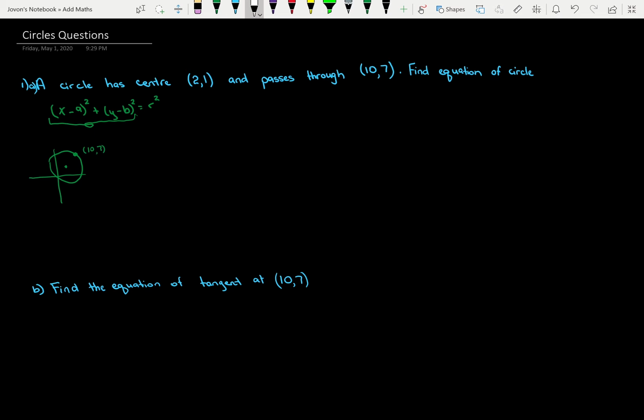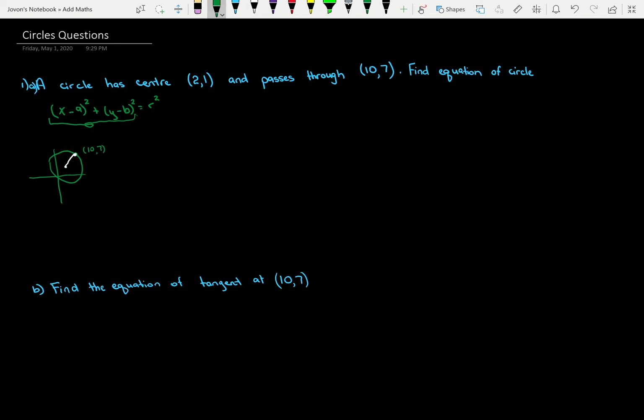If we look at this line here from the center to that coordinate, the distance from the center of a circle to any point on the circumference is what? It's the radius. So all we need to do is find the distance from the center to that point on the circumference, and that will give us the radius. If you remember, we learned an equation to find the length of a line, and that is essentially what we're doing. We're going to find the length of the line, and the length of that line would be the radius.